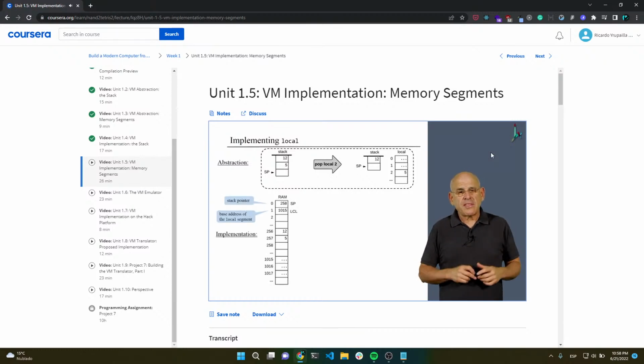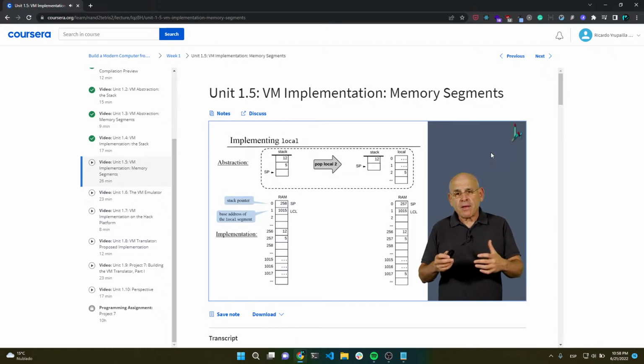So here is the same RAM segment that we had before, and SP and LCL are mapped as we had before. And following the pop local 2 command, here's what is going to happen.